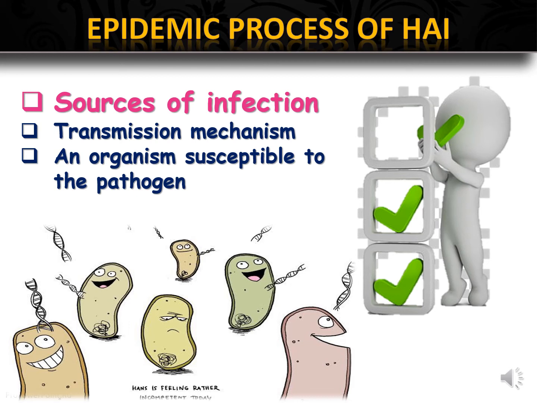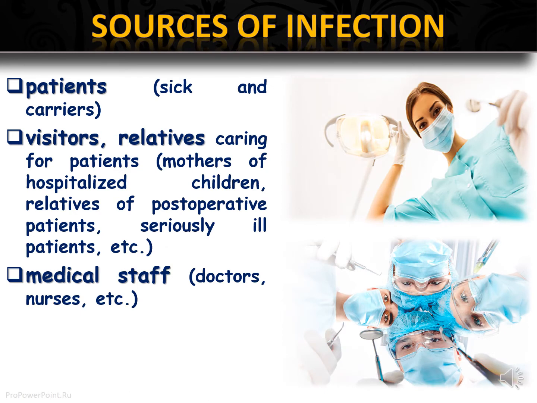So we try to describe the first point, sources of infectious diseases. Who are the sources of infectious diseases? You see that sources of infectious diseases include patients, sick or carriers, visitors, relatives, and of course medical staff. I mean all medical staff, doctors, nurses, and other personnel.